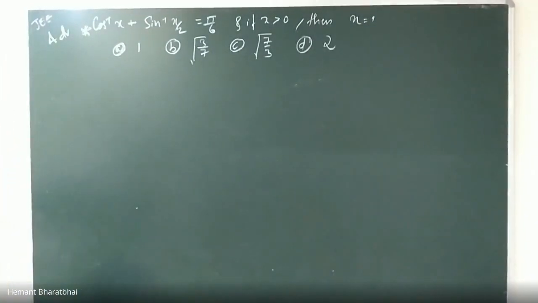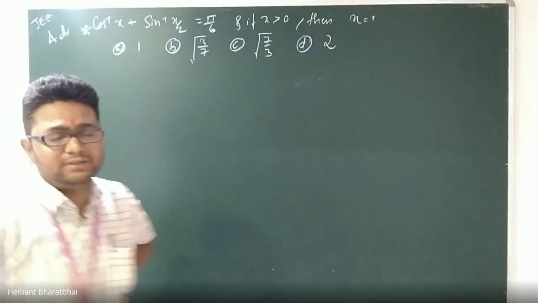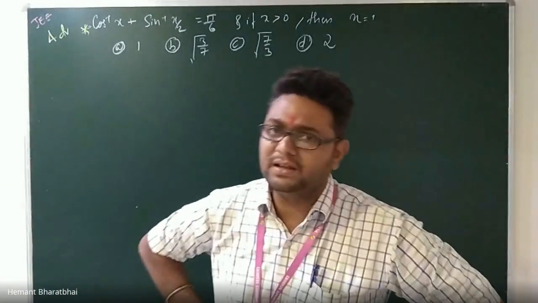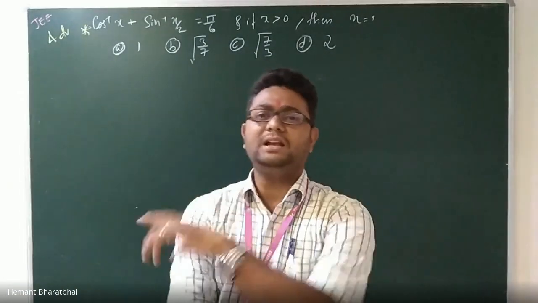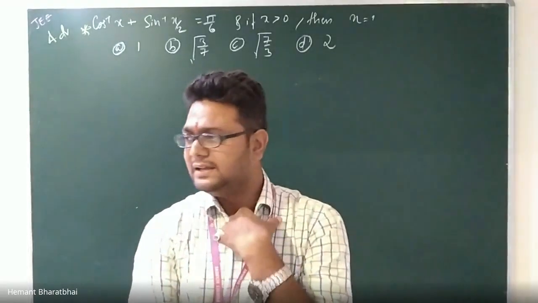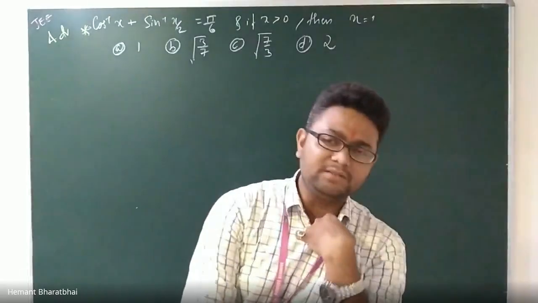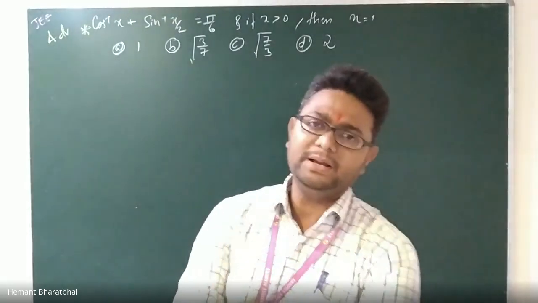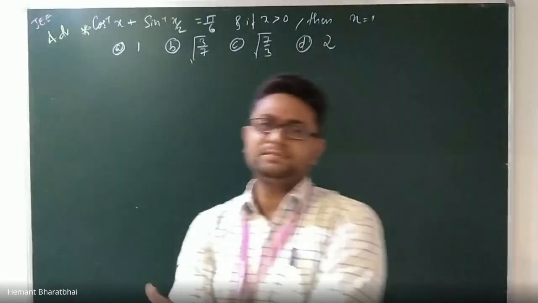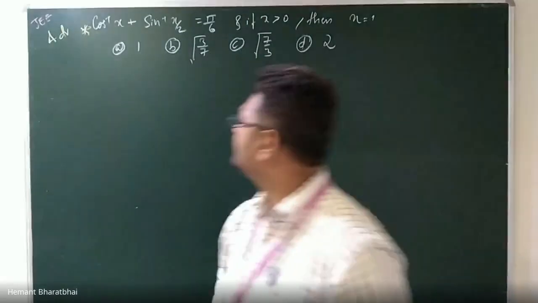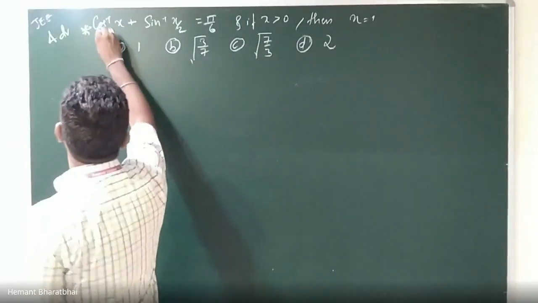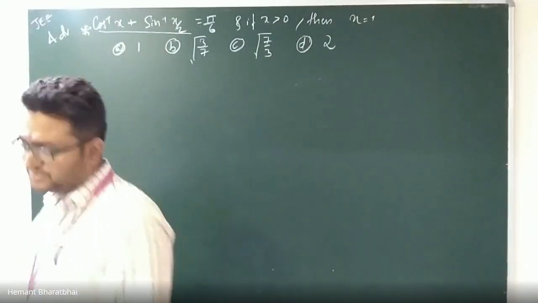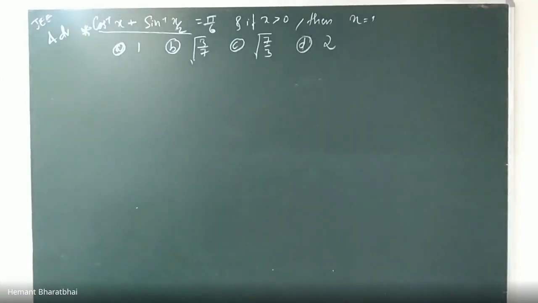Now we don't directly have a formula for cos inverse of x plus sin inverse of y. We have formulas for sin inverse of x plus sin inverse of y, sin inverse of x minus sin inverse of y, cos inverse of x plus cos inverse of y, and cos inverse of x minus cos inverse of y. But if you see here, you have a mixed term. So how should we do this?